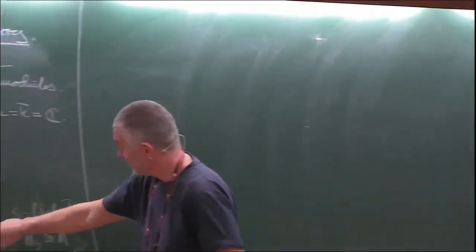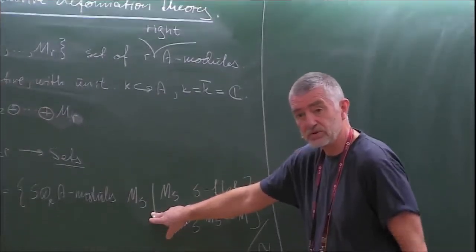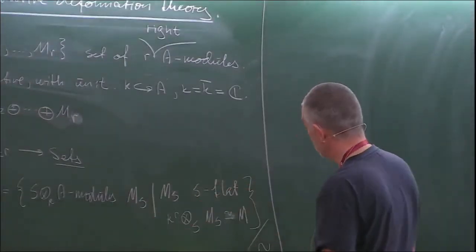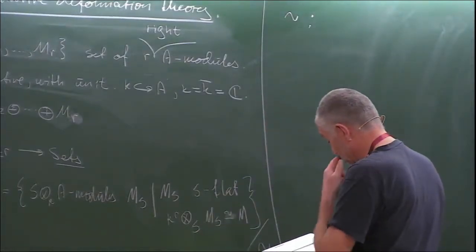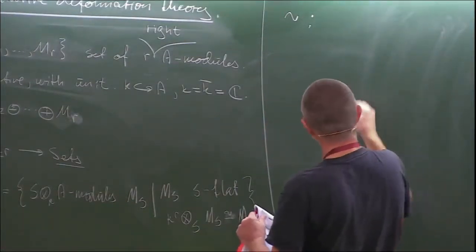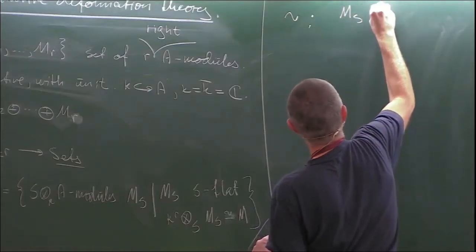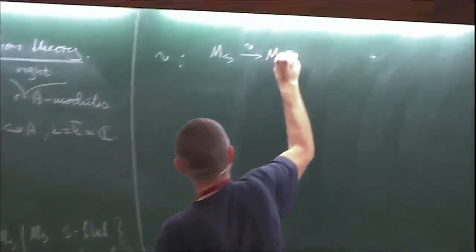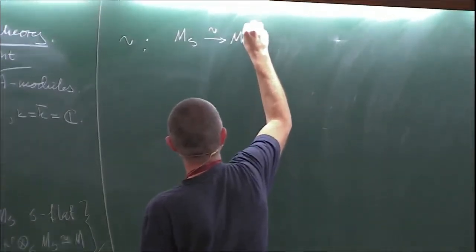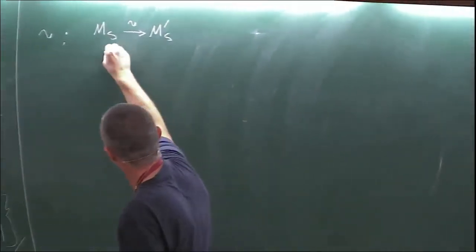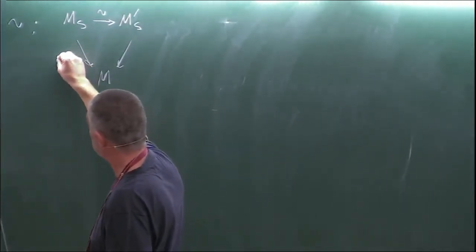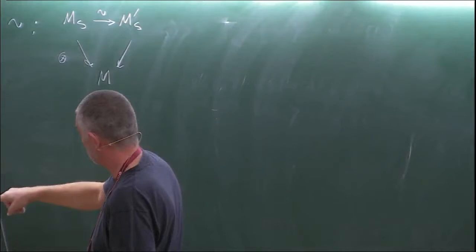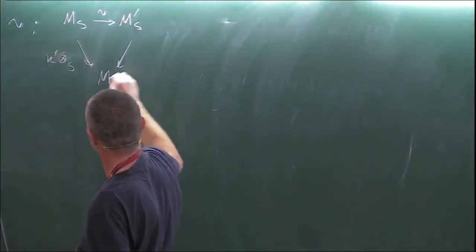So I say that two elements up here, two modules M_S and M_S', are equivalent, written with a tilde, if there is an isomorphism which commutes with the morphisms to M by tensoring over K over S by K^r.